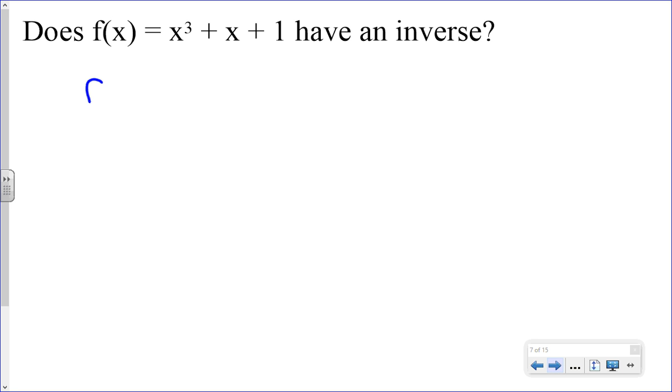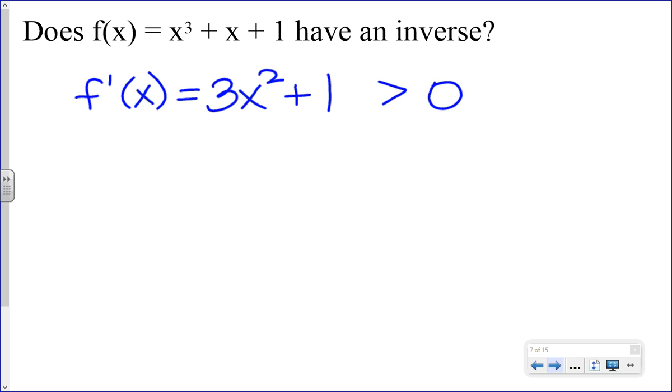Our derivative. Okay, Chris, what would our derivative be? 3x squared plus 1. What do we know about 3x squared plus 1? It's a parabola that is always going to be positive, right?